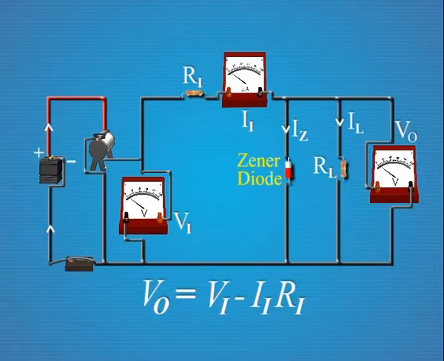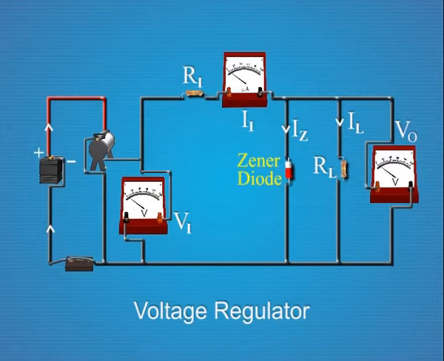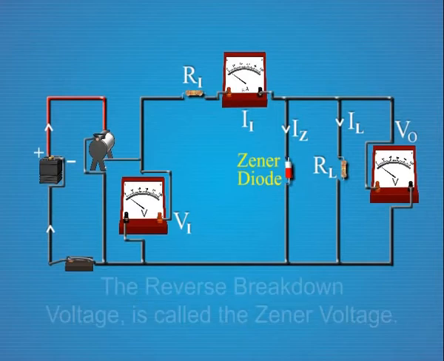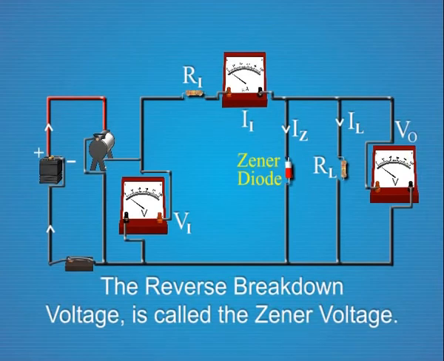It is for this reason that it is used as a voltage regulator. This constant value of Vo, which is nothing but the reverse breakdown voltage, is called the Zener voltage.